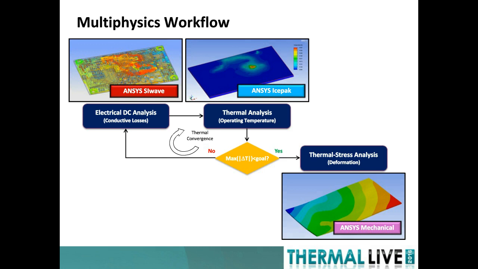IcePack will calculate temperatures and then send these back to SI Wave, where a new electrical DC analysis will be performed and new conductive losses will be calculated. These, in turn, will go back into IcePack, and an updated temperature map will be obtained in the board based on the updated conductive losses. This cycle continues until thermal convergence.